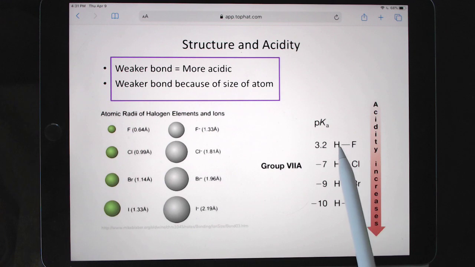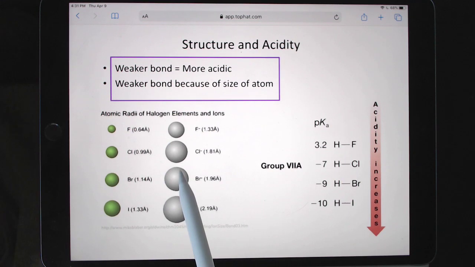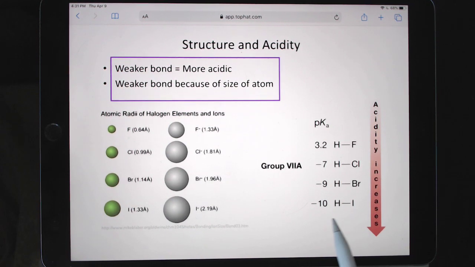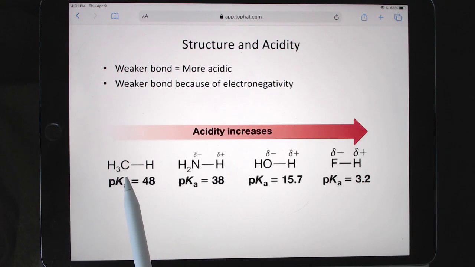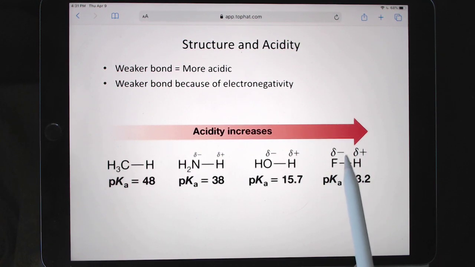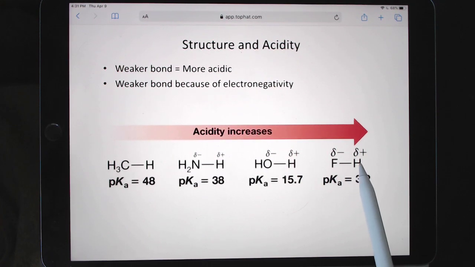As the radius increases, it's less able to hold on to the hydrogen. Electronegativity also plays a role, and the more electronegative it is, the weaker this bond is going to be.